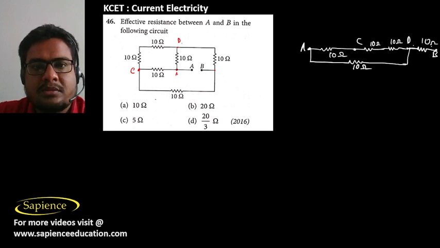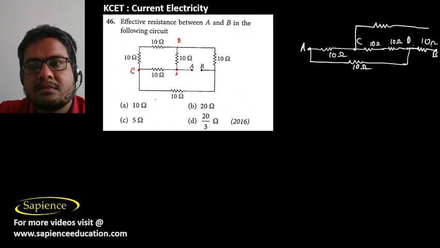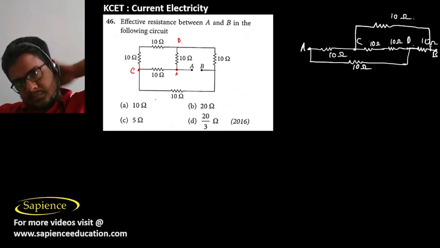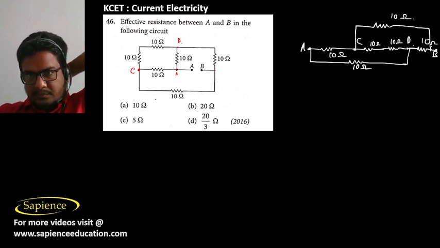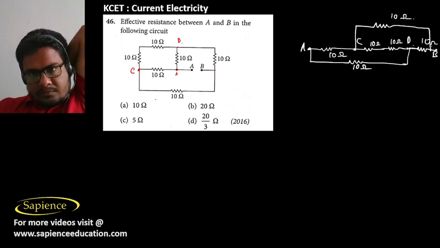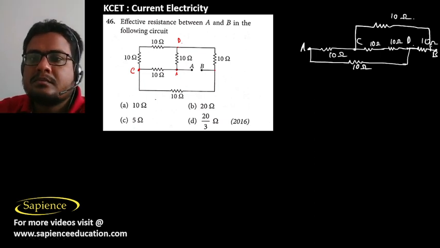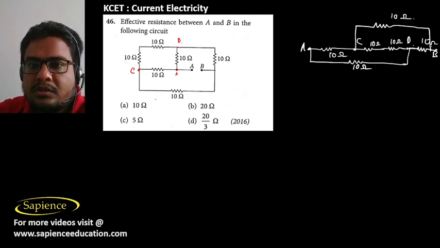And in between B and C also there is another 10 ohm. So we can draw this like this also.